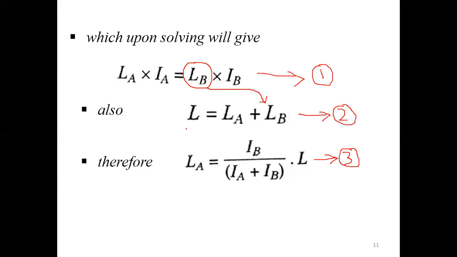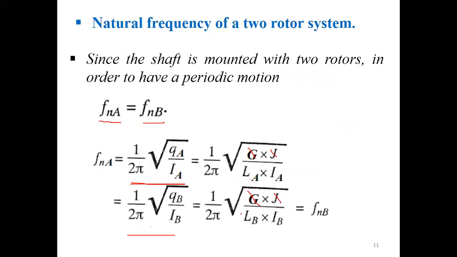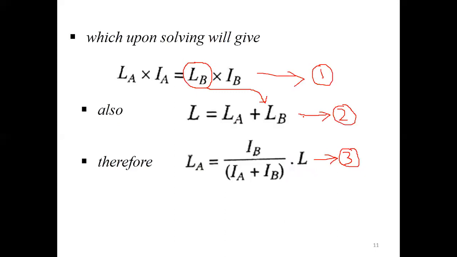And if you know LA and LB, you can find the natural frequency of A, which is equal to the natural frequency of B. So this is all about a two rotor system.